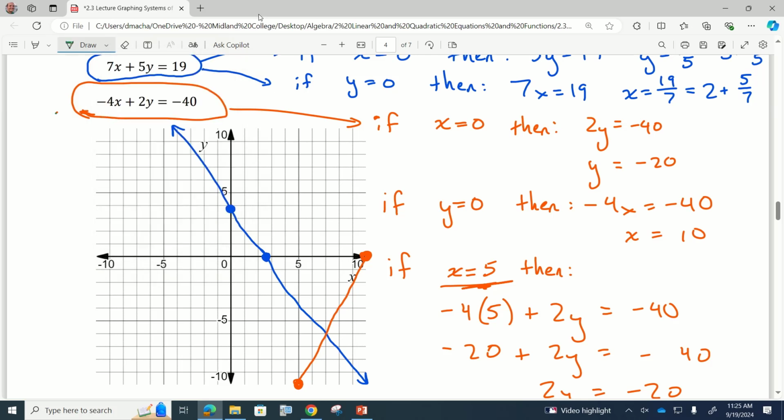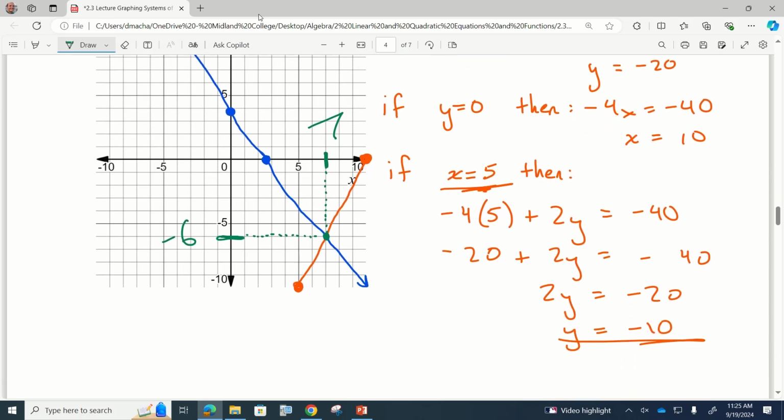Like I promised, the point of intersection right here between these 2 lines has an x-coordinate of 7, and it has a y-coordinate of negative 6.